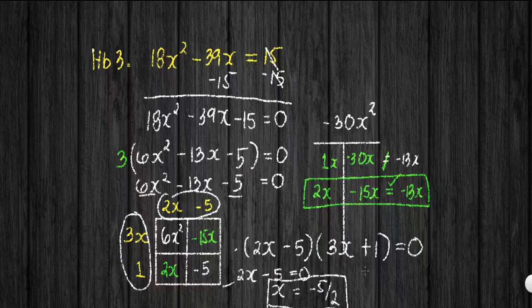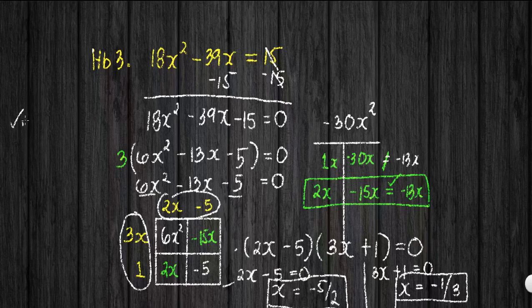For the other factor, we have 3x plus 1 equals 0. Once again, the process is to subtract 1 and then divide both sides by 3, so that we have negative 1 over 3. And these are our solutions: 5 over 2 and negative 1 over 3.